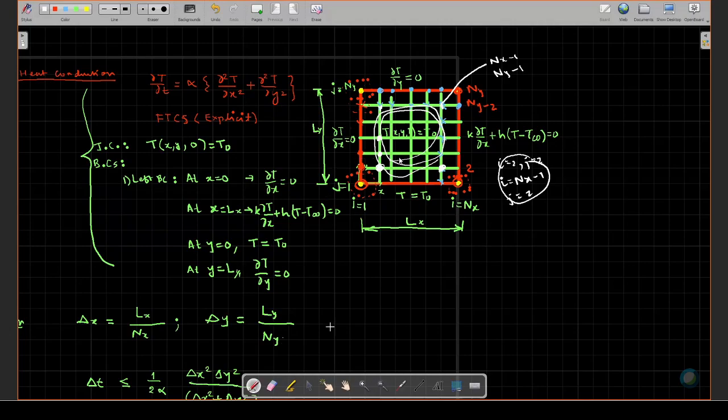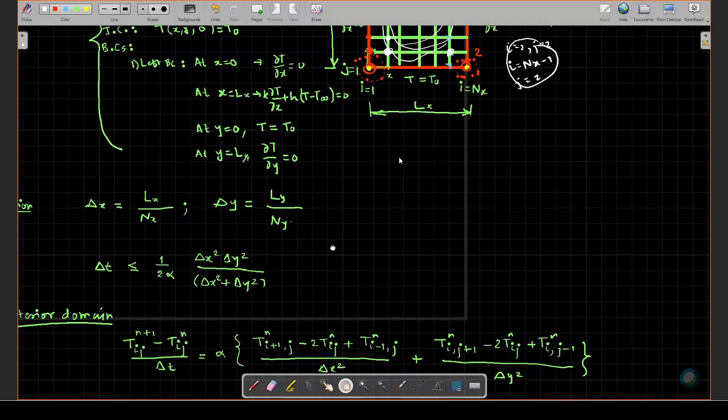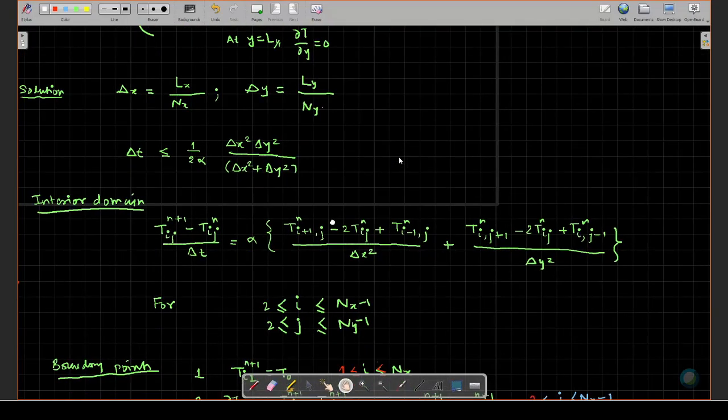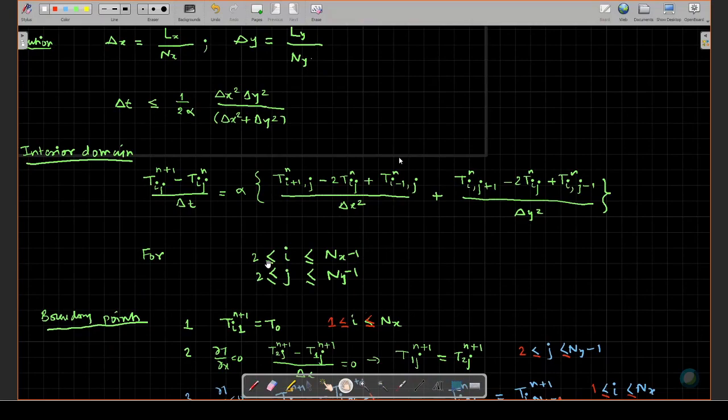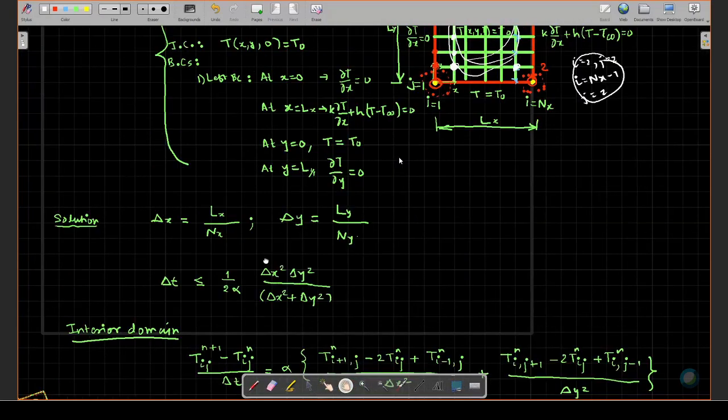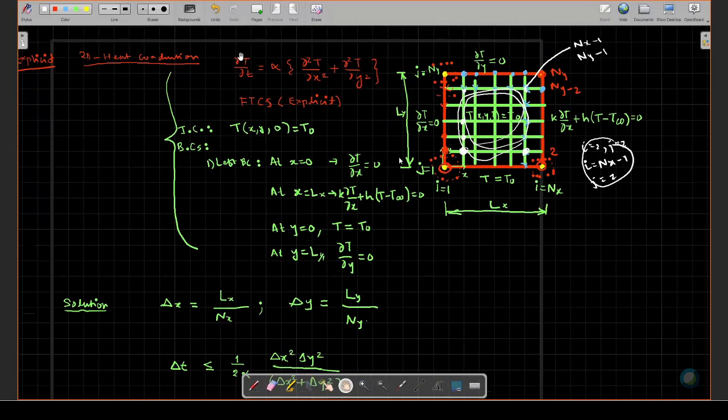Sir, actually T0 is the initial condition, right? No, these are the interior domain. This discretized equation, this PDE, we have discretized for the interior domain. So T0 is not the initial condition. You have written it as the initial condition.